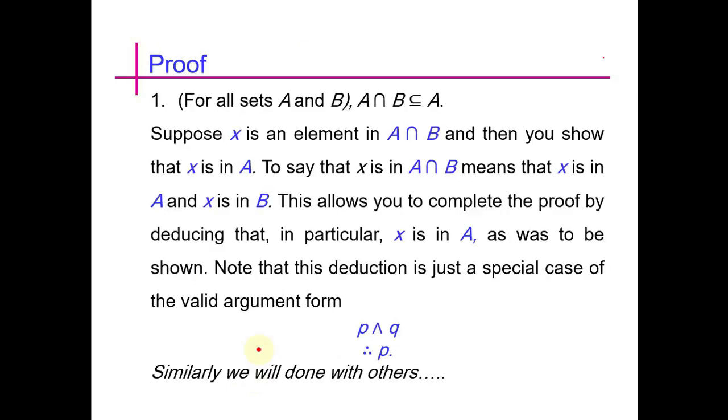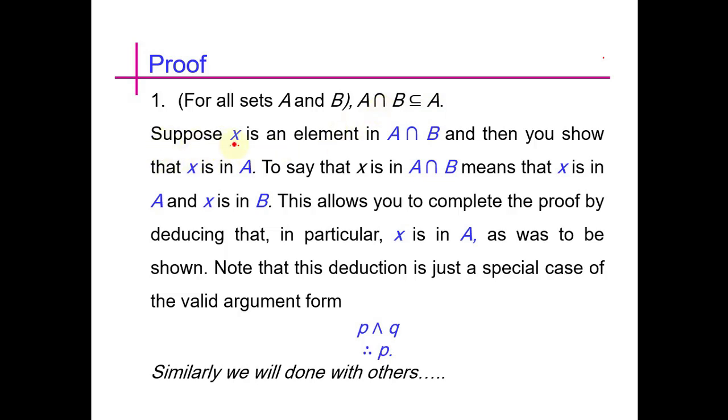Now we see here some proofs of these properties. For the first part, we need to show that A intersection B is contained in A. So we choose an element from A intersection B and show that that element is present in A. That's how we show the subset relationship.